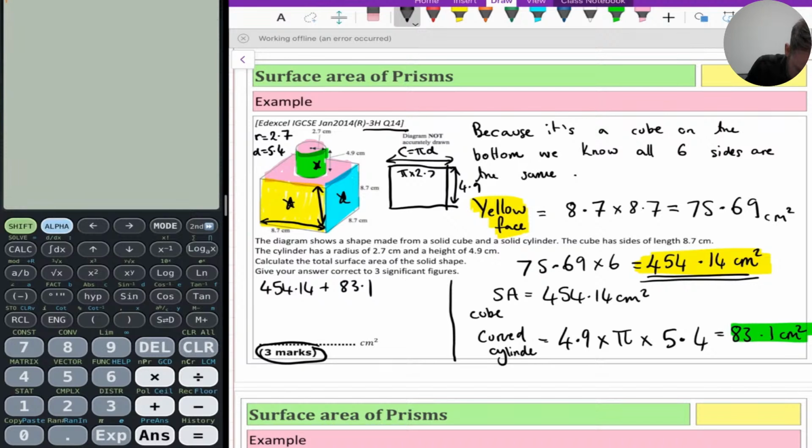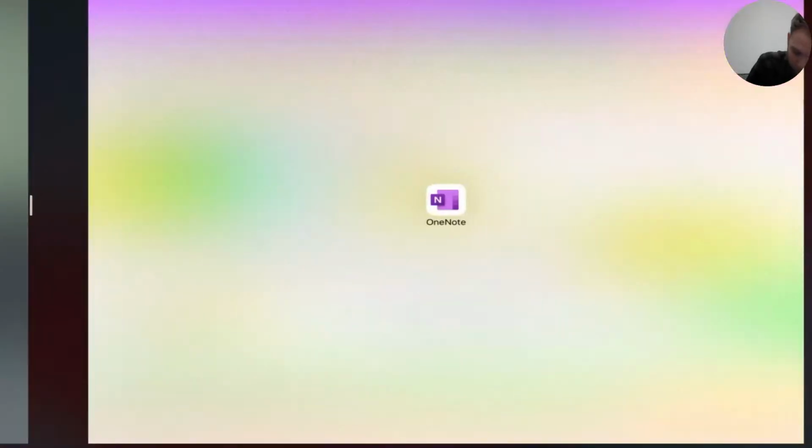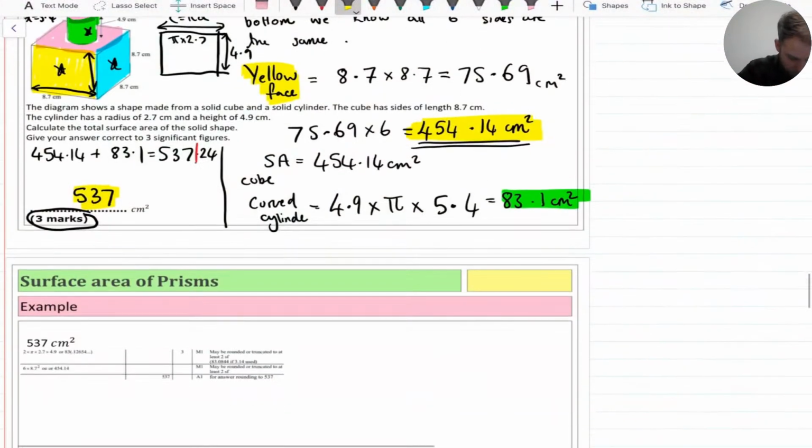So 454.14 plus 83.1 is equal to 537.24. So to three significant figures, that is 537 centimeters squared. Silly Billy, Mr. Adams. Thank you for spotting that. Brilliant, there we go.